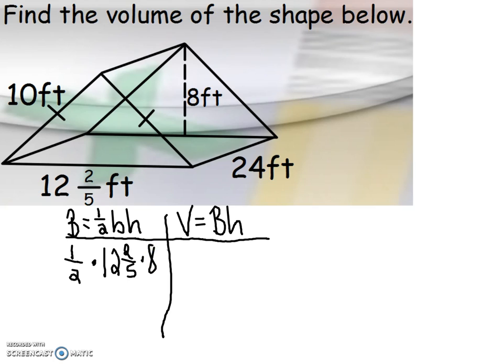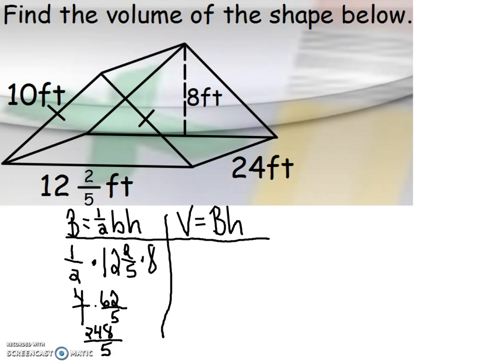All right, well, we could say half of 8 is 4. And we're going to have to make 12 2/5 an improper fraction. So we do that. 12 times 5 is 60. 60 plus 2 is 62/5. All right, we can't simplify, so we're just going to have to multiply 4 times 62 and then divide it by 5. So 4 times 2 is 8. 4 times 6 is 24.